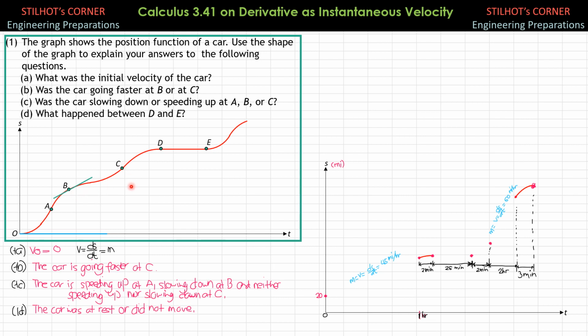Another proof is if we draw the tangent at C, the slope of that tangent is greater in magnitude than that at B as shown. So it is more inclined up.